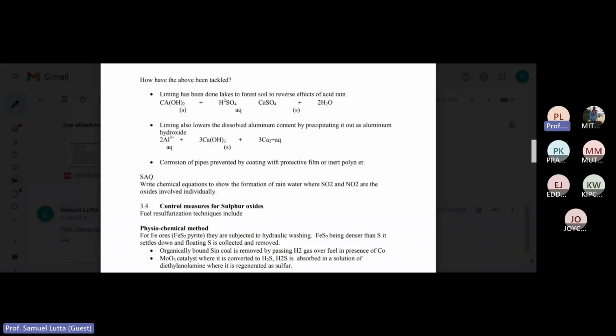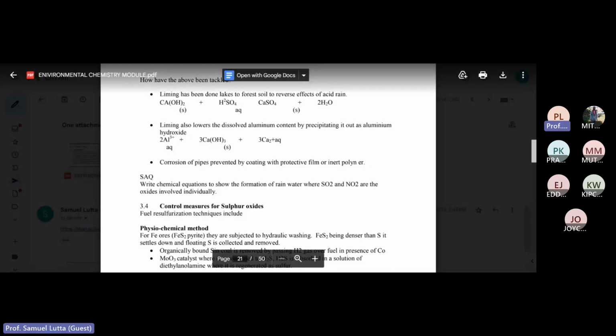When you add them, they make the soil acidic. So to take care of the acidity of the soil, we use calcium hydroxide, or lime, to react with the acid. If it is sulfuric acid, the calcium hydroxide will react with sulfuric acid to form calcium sulfate plus water.